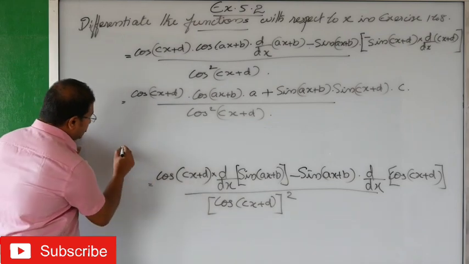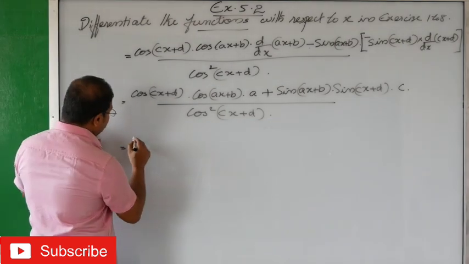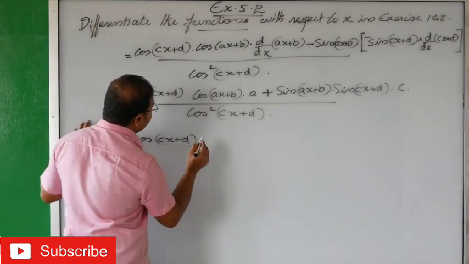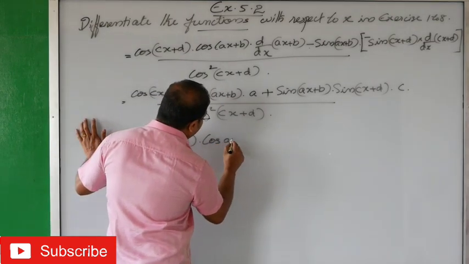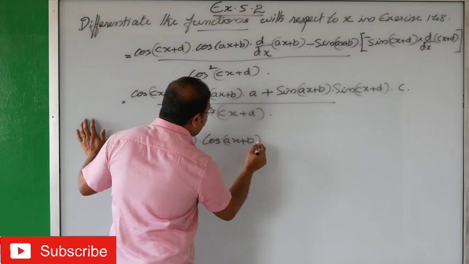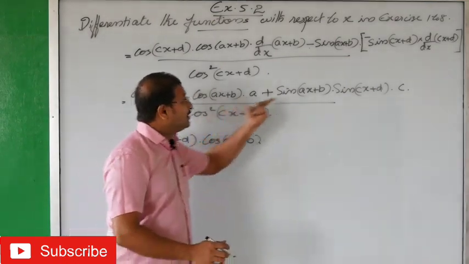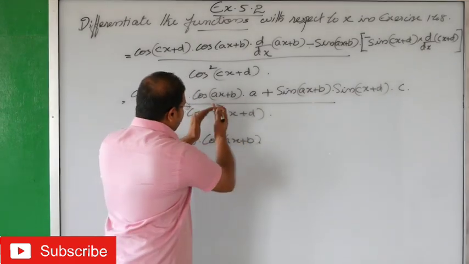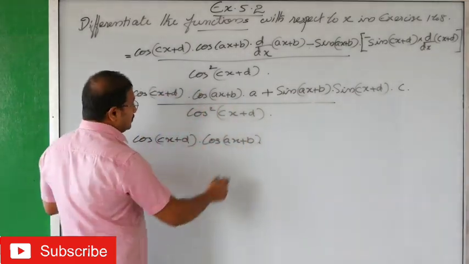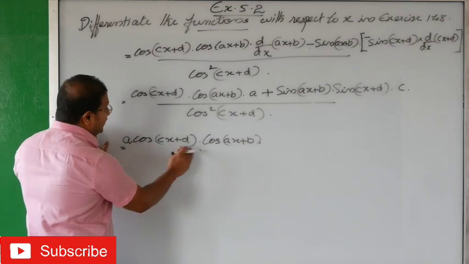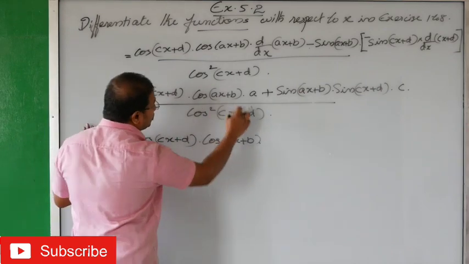Ready? This equals cos cx plus d into cos ax plus b. Now what we are going to do means we are separating the denominator. Ready? We are separating the denominators. So a is here, so I am writing the a in the beginning. A into cos cx plus d into cos x plus b.